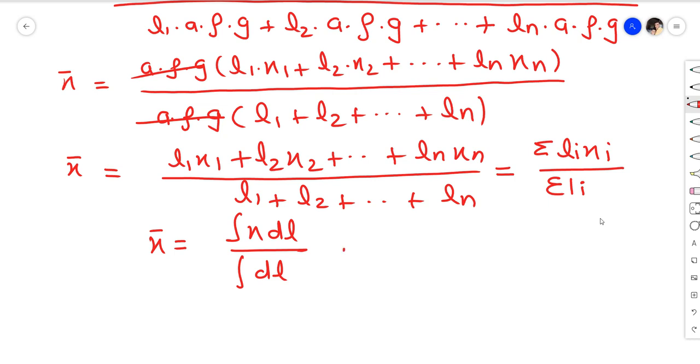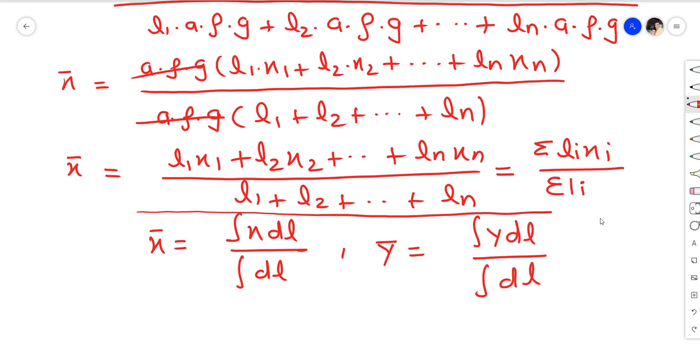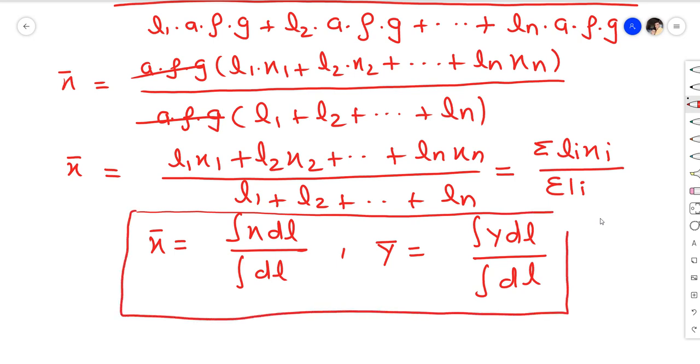Same way we can write y bar is equal to integral of y dl by integral of dl. So this is the formula to calculate the centroid of a bent wire or a thin wire, or you can say of a 1D body. So with the help of this formula we can calculate the centroid. Thank you.